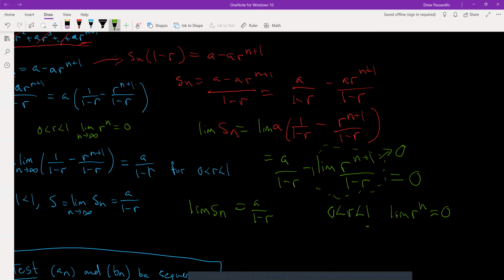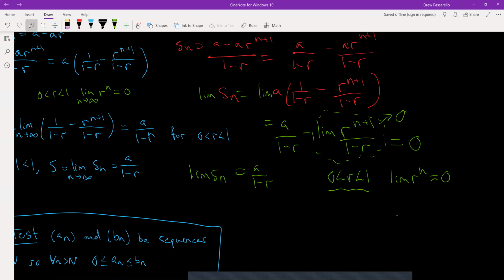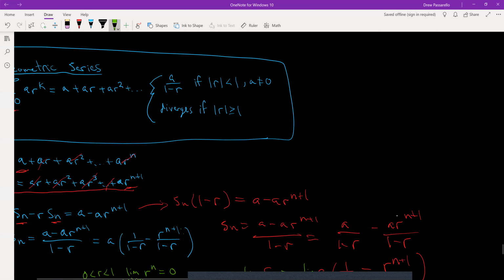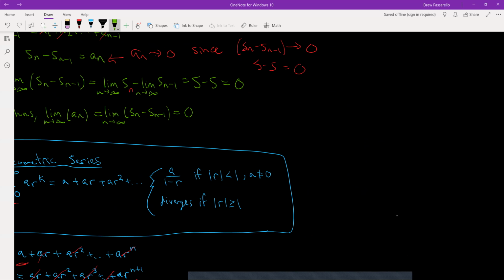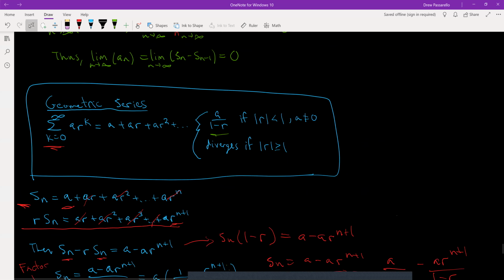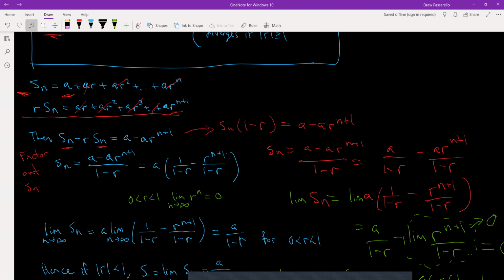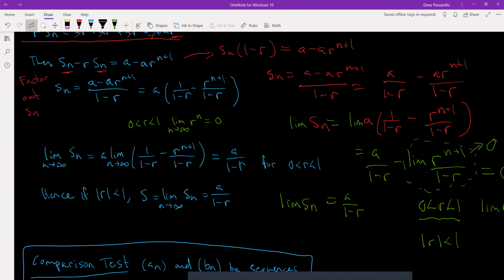And this condition that r is between 0 and 1 means the absolute value of r is less than 1. So we proved that the geometric series converges for absolute value of r less than 1, and it converges to a over 1 minus r. This is a sloppy proof, but I went ahead and described it. But that's the proof for that.